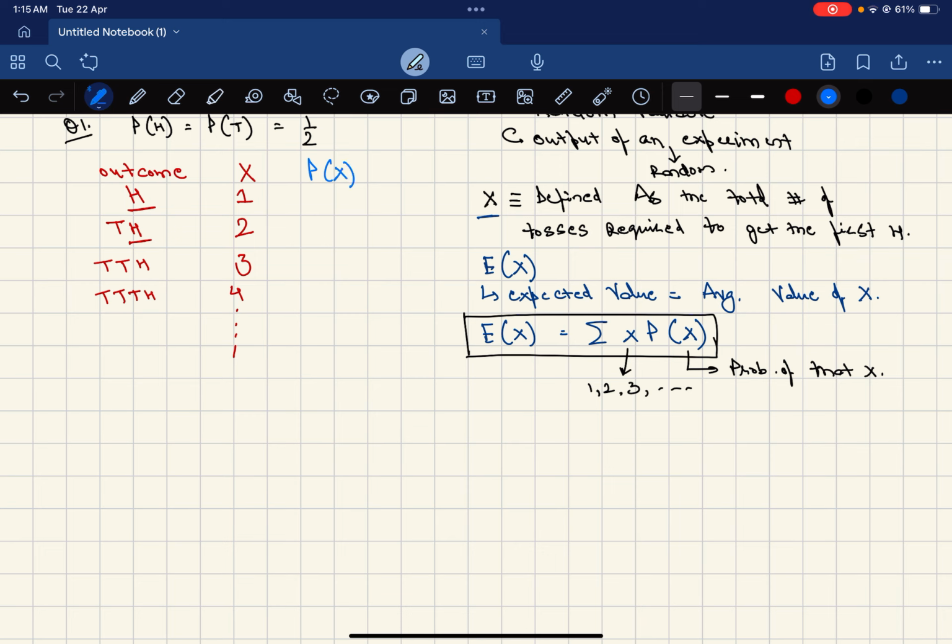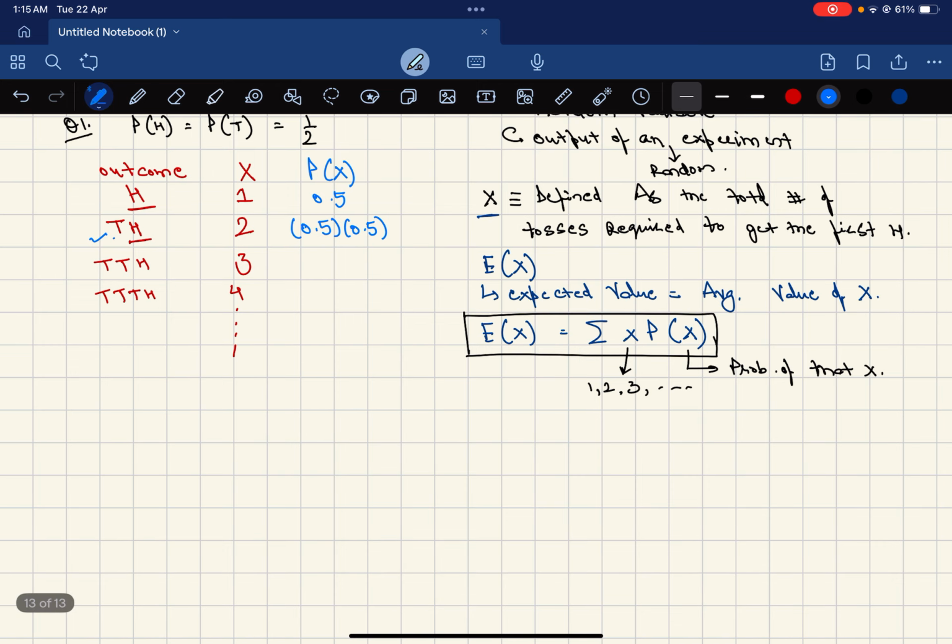Since this is a fair coin, the probability of getting the first head is nothing but 0.5. The probability of getting a tail and then a head is 0.5 multiplied by 0.5, because the probability of getting a tail is 0.5 and the probability of getting a head is 0.5.